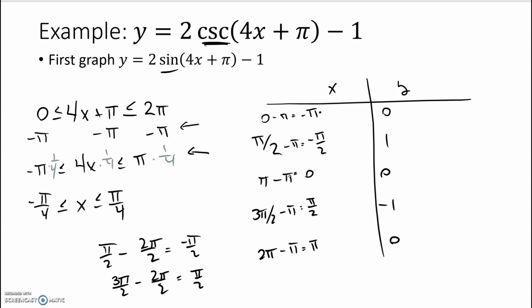Next thing I did was multiply times a fourth. So I'll do that times each of these. So I get negative pi over 4. Let me rewrite that.